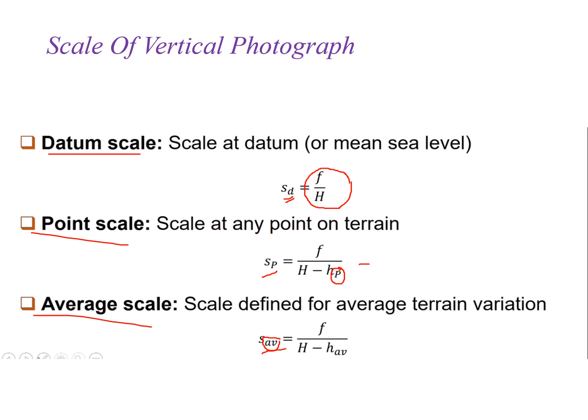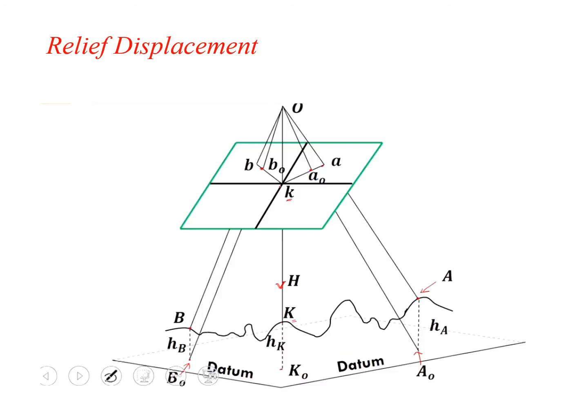So average indicates all the points, even though they are at different altitudes and elevations, we express them on the same elevation. So that's a uniform elevation. But note it down, this does not give your actual picture, but for the time being we are considering this, and it will help you to work out the different elevations.